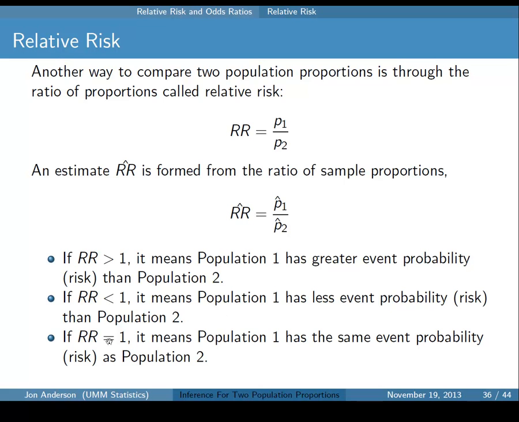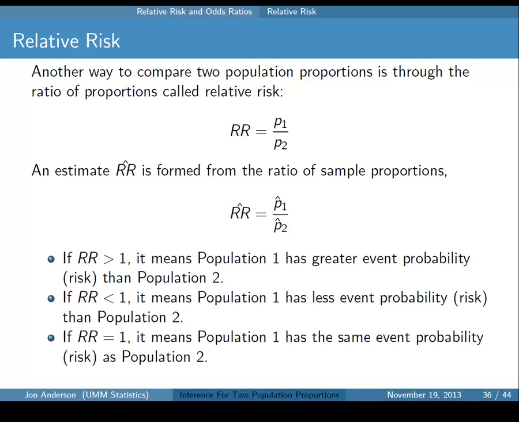So what I'm saying here in the third bullet is that if a relative risk is 1, it means the first population has exactly the same risk of the event as population 2 does. A relative risk of 1 is equivalent to saying no difference between the two populations.